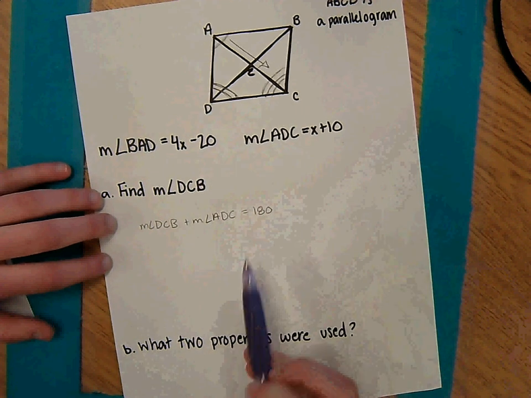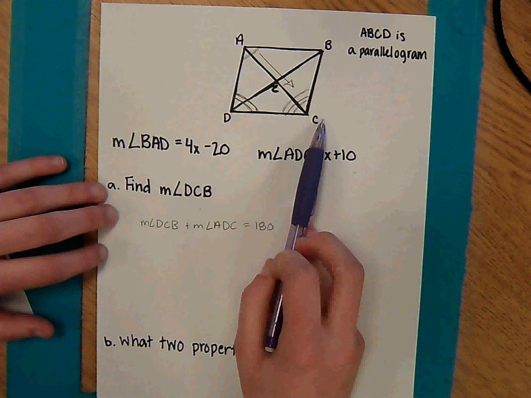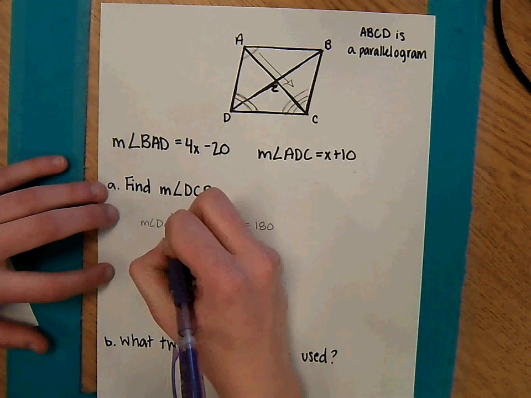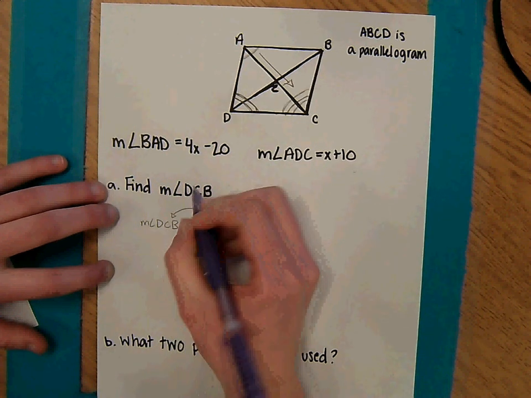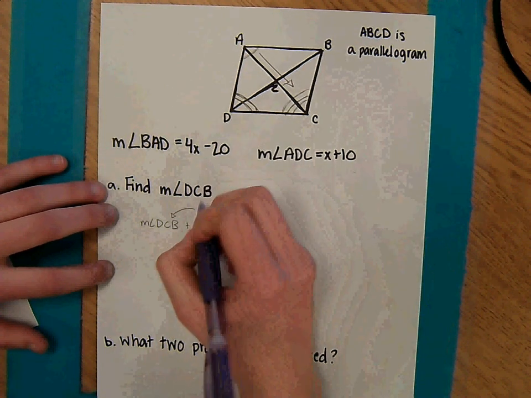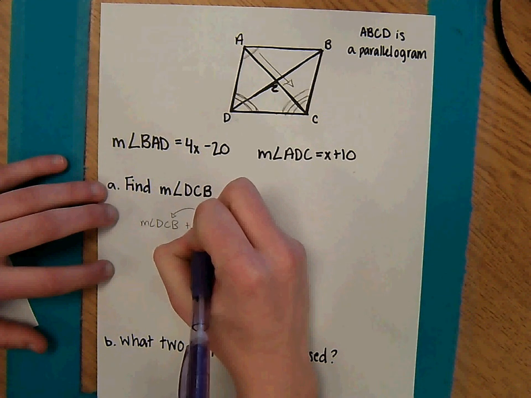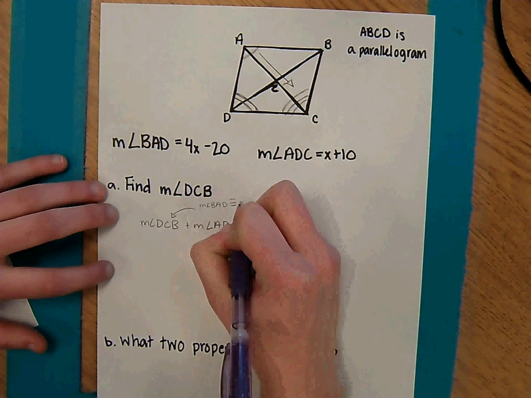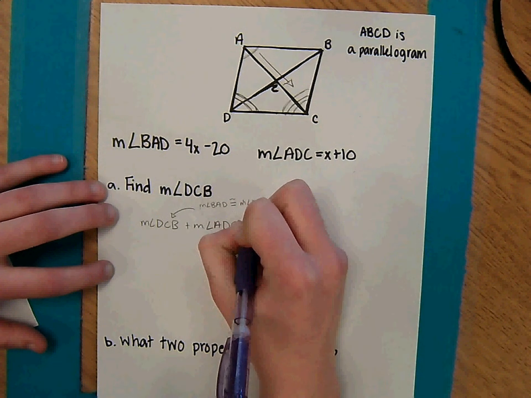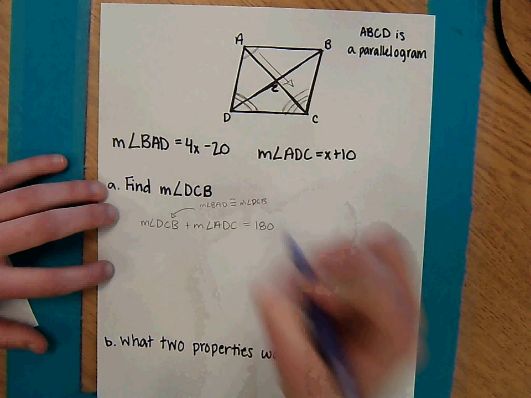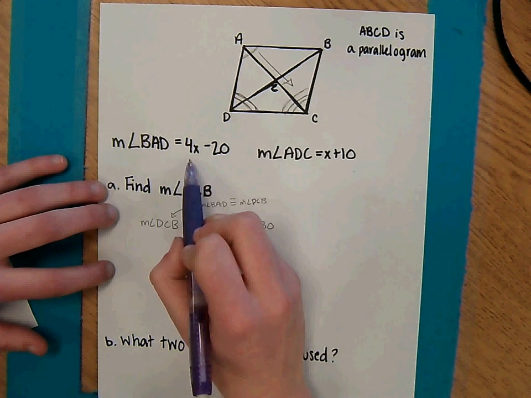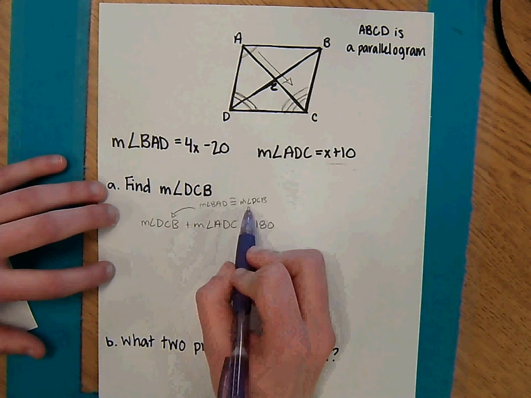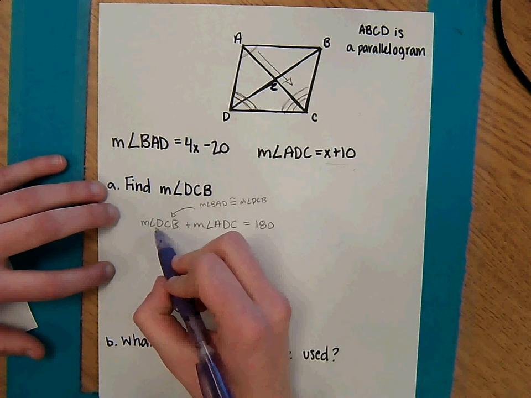I'll go ahead and write this part out. That's what we just said with the consecutive angles equaling 180 degrees. And we got this in here because one of the properties of parallelograms is the opposite angles are congruent. So we got this one equal and congruent to this angle. So now we're just going to plug in what they gave us up here. Because this one is equal to that, we're going to use this for the measure of angle DCB.